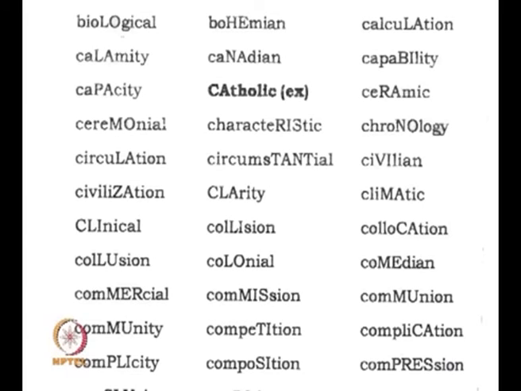It is Canadian. Canadian. Yeah, next. Capability, capacity, Catholic, ceramic, ceremonial, characteristic, chronology, circulation, circumstantial.